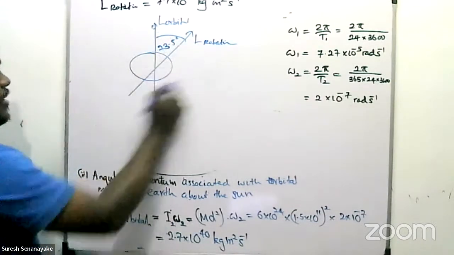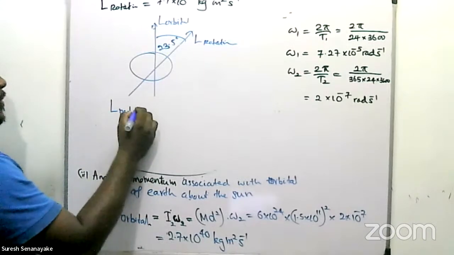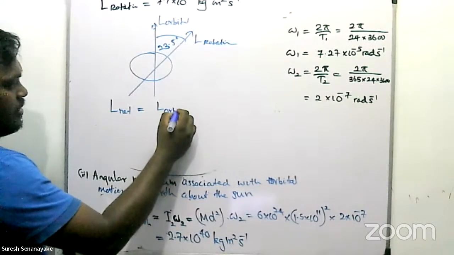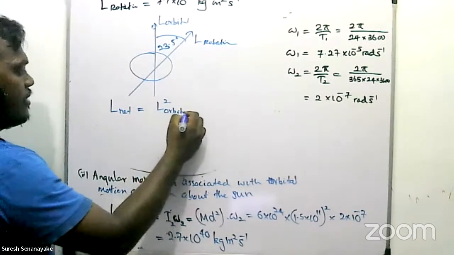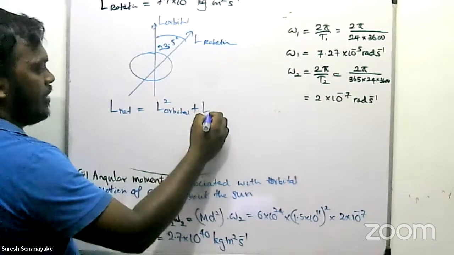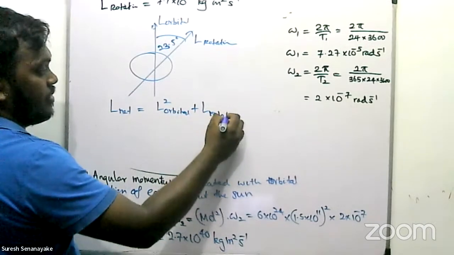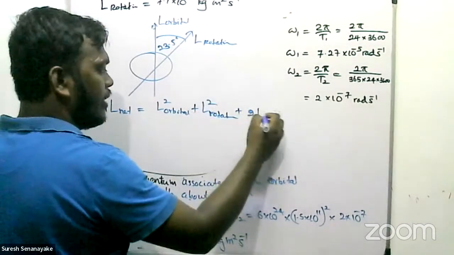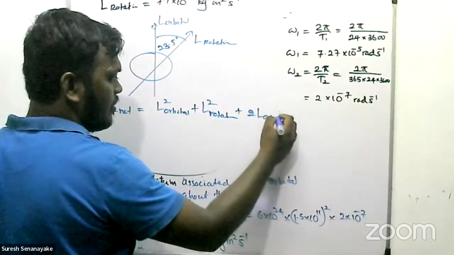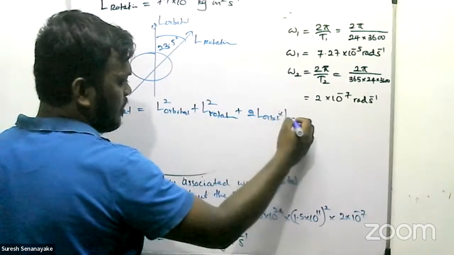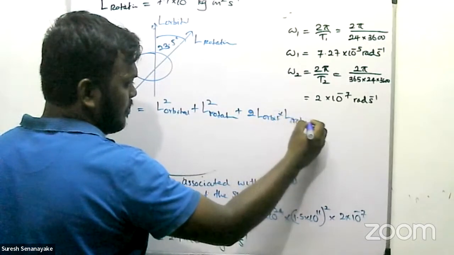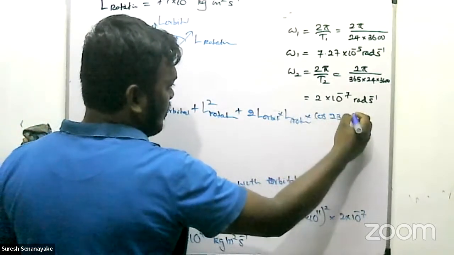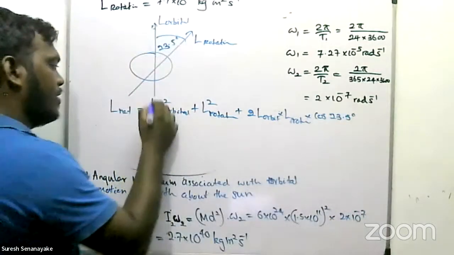To get the net angular momentum, that equals the square root of L orbital squared plus L rotation squared plus 2 L orbital into L rotation into cos 23.5 degrees.